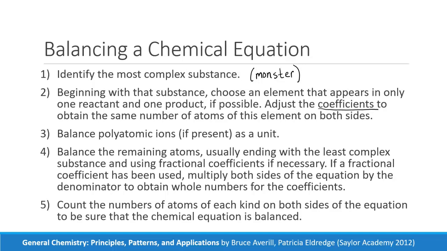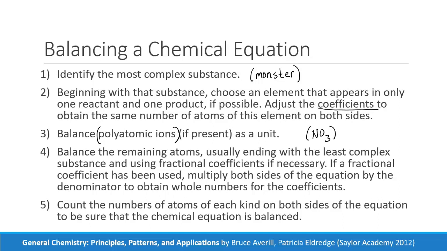The next thing we're going to do is balance the polyatomic ions if they are present, and I know we haven't talked about polyatomic ions, but we will see some examples, and you will notice that they're going to be in parentheses. So an example may be NO3, and you'll see it enclosed in parentheses.